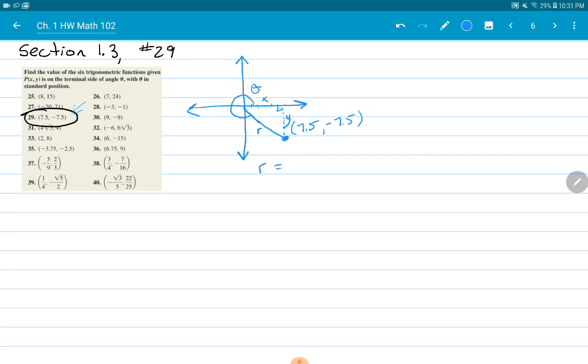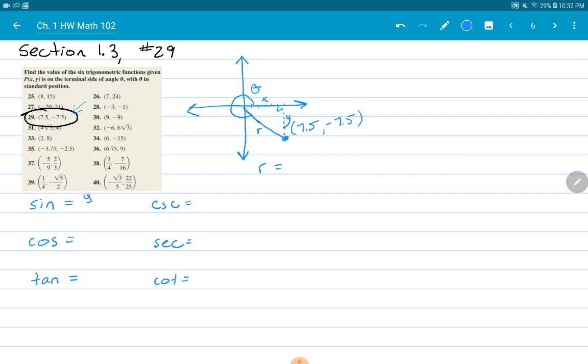Actually, before we get into that r, let's remember what the trig functions are. So there's sine, cosine, and tangent. And their reciprocals are cosecant, secant, and cotangent.